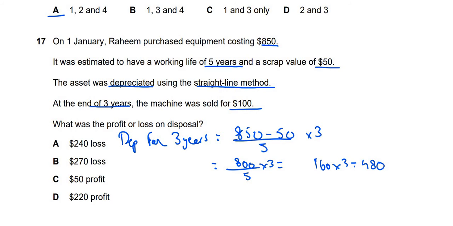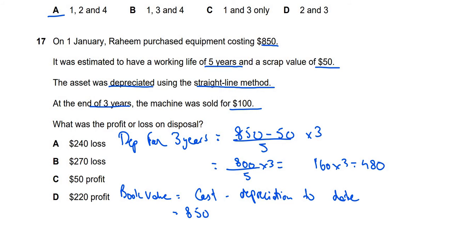Alright, so book value is actually cost minus depreciation to date. So it's actually going to be 850 minus what's the depreciation to date?